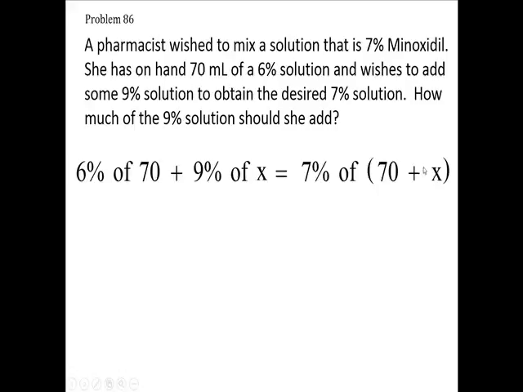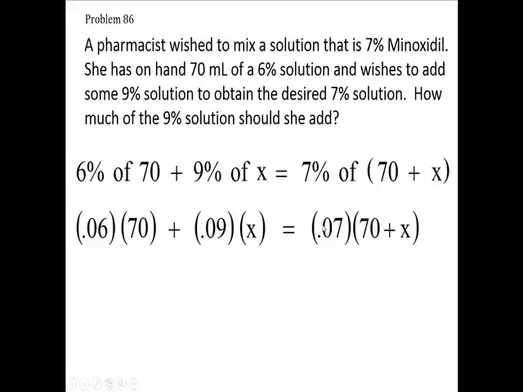and writing the equation. Okay, what is 6%? It's 0.06 times the 70. And you're going to add 9%, which is 0.09 times what? Okay, that's going to equal 0.07 times that parentheses there.